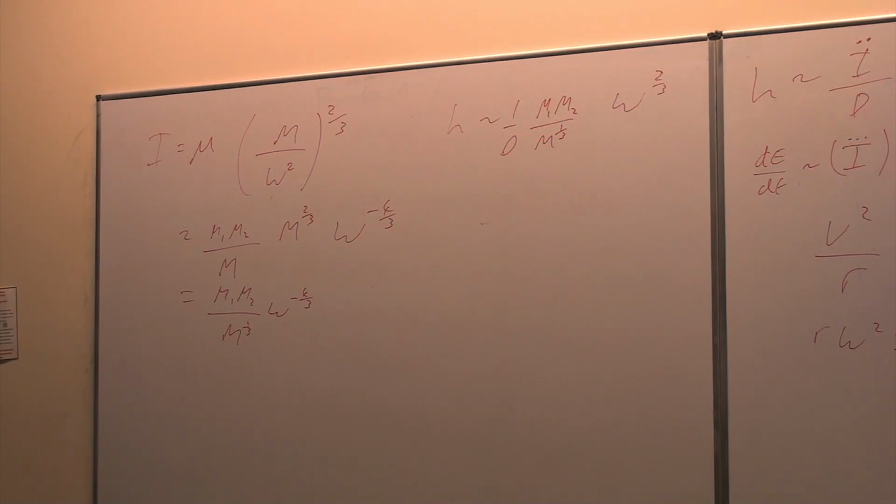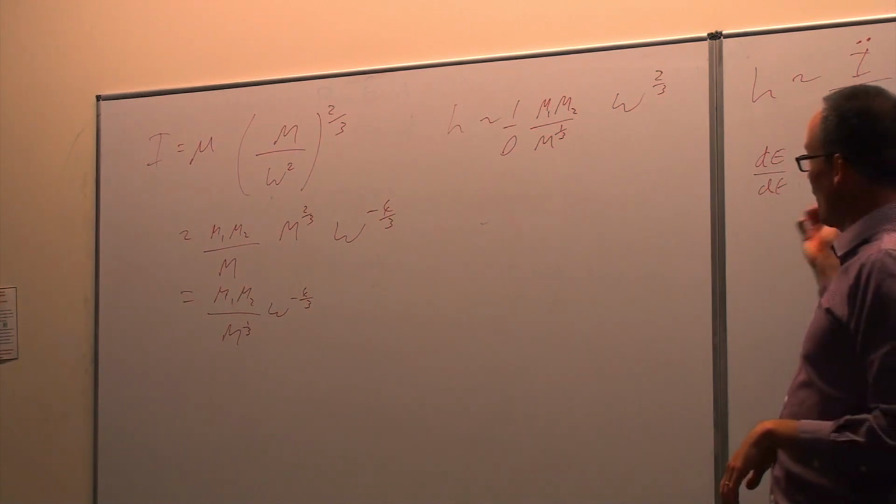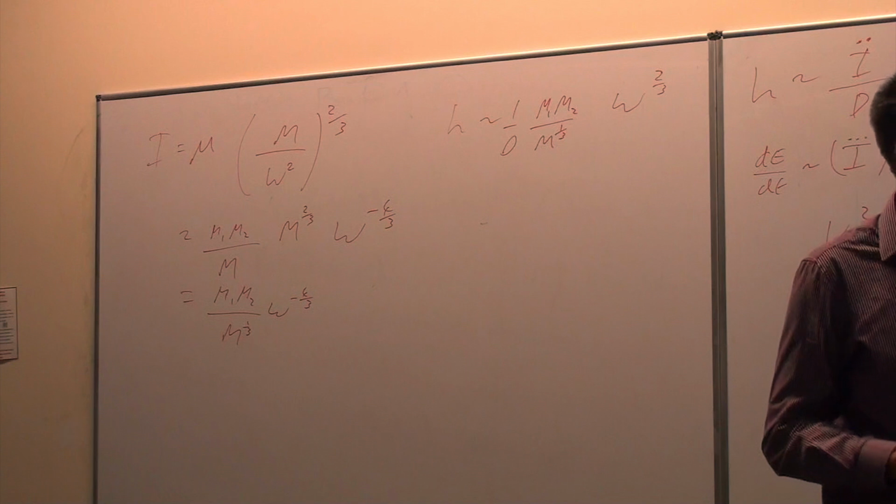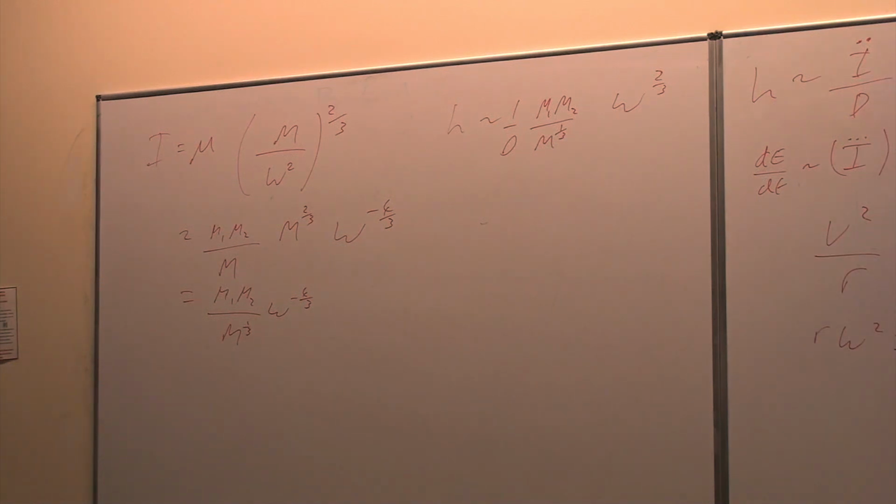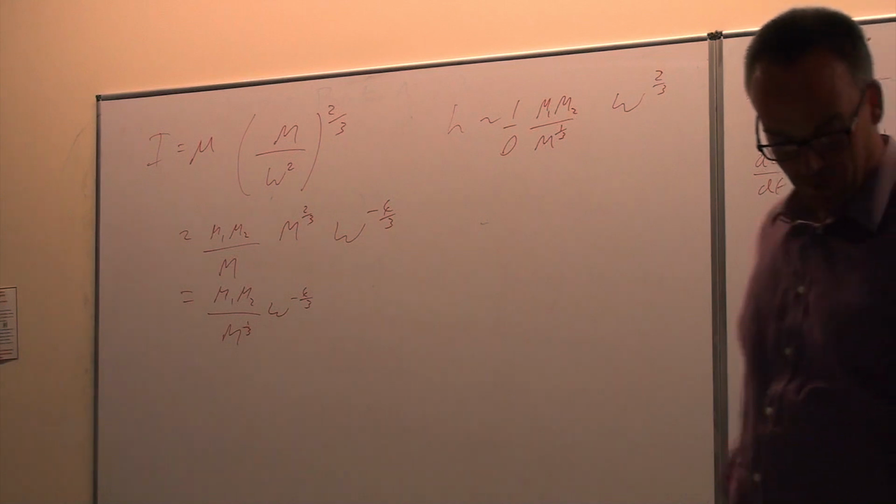And so that's where we use the energy. We know how the energy relates to radius, and we also know how much energy is being carried away in gravitational waves. And so we relate the energy that's being lost from the orbit to this energy density in gravitational waves, and that allows us to compute the rate of change of frequency.